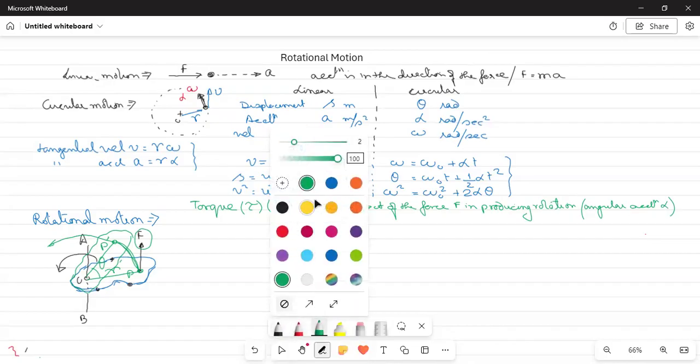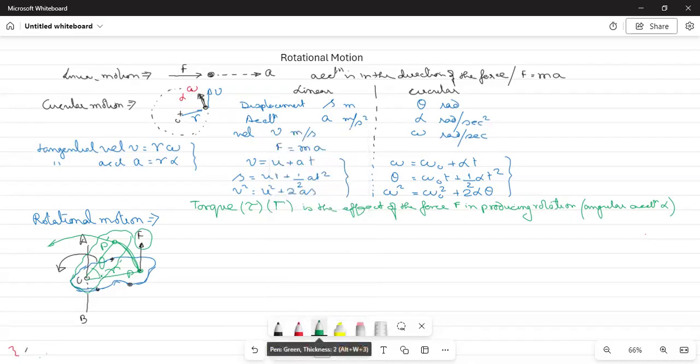Once again, the same lamina. I make a little bigger picture so that it is easy to understand. And you have made a hole here, and suppose you have put a nail here, so that nail A, O, B, so that if force is applied, this lamina can move clockwise or anti-clockwise.